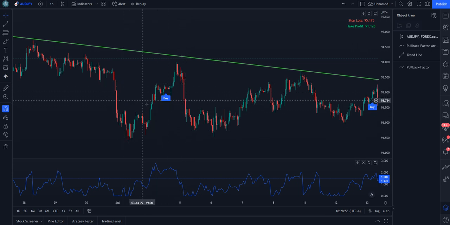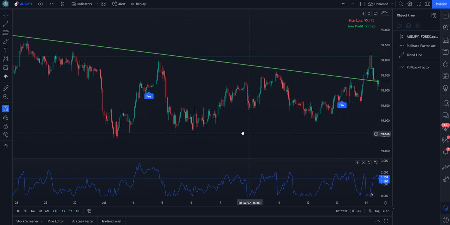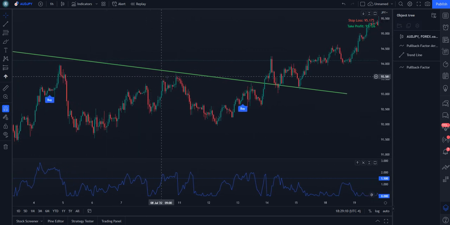As this whole thing is going up, with the pullback factor also going up above 1.5, at some point it's got to show a strong move down. So finally, the last touch of the trend line matches up with this pullback here, pokes above the 1.5, then creates another low, big move down.